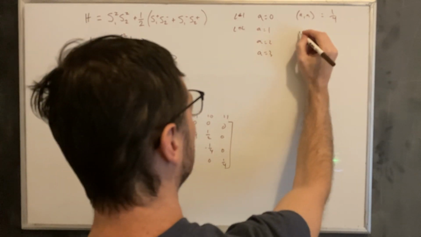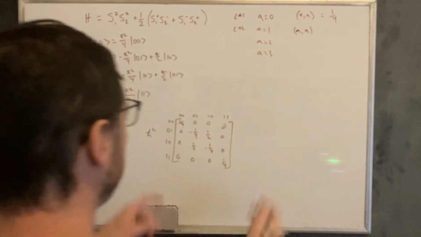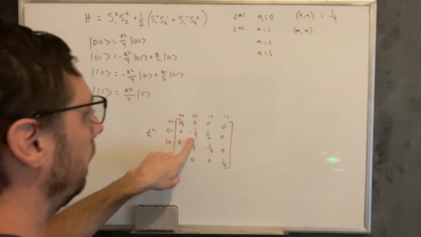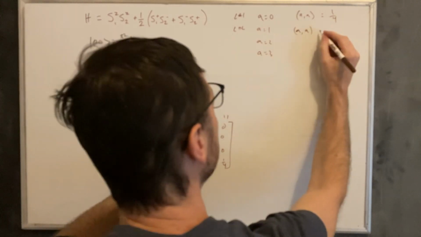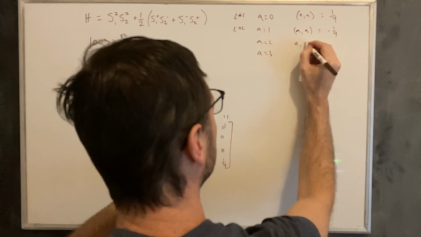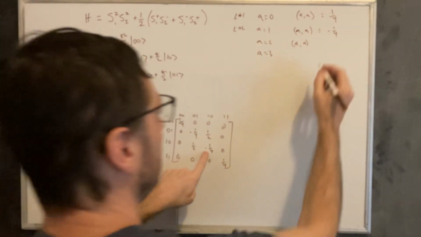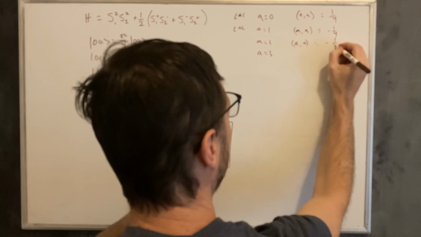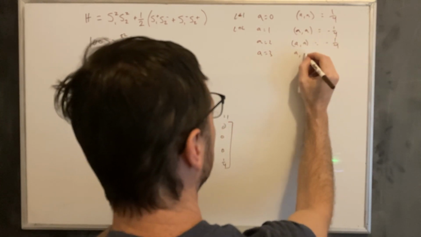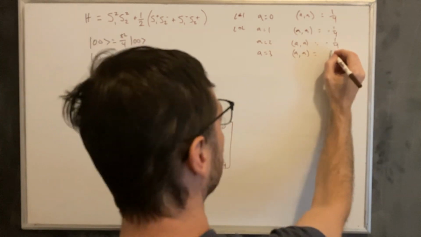So for this one, AA here, which is 1, 1, is going to be negative 1/4. And here, AA, which is 2, 2, which is also negative 1/4. And AA here is going to be right here, positive 1/4.